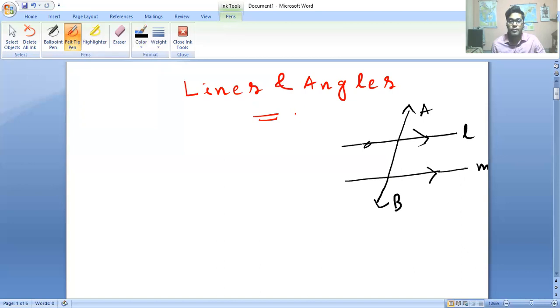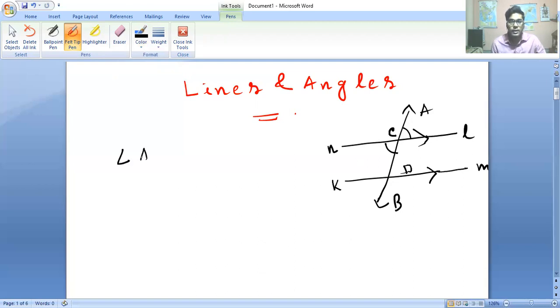Okay, so suppose we are going to name them: LN, MK, suppose this is C, this is D. Clear? Then these two angles are called vertically opposite angles.